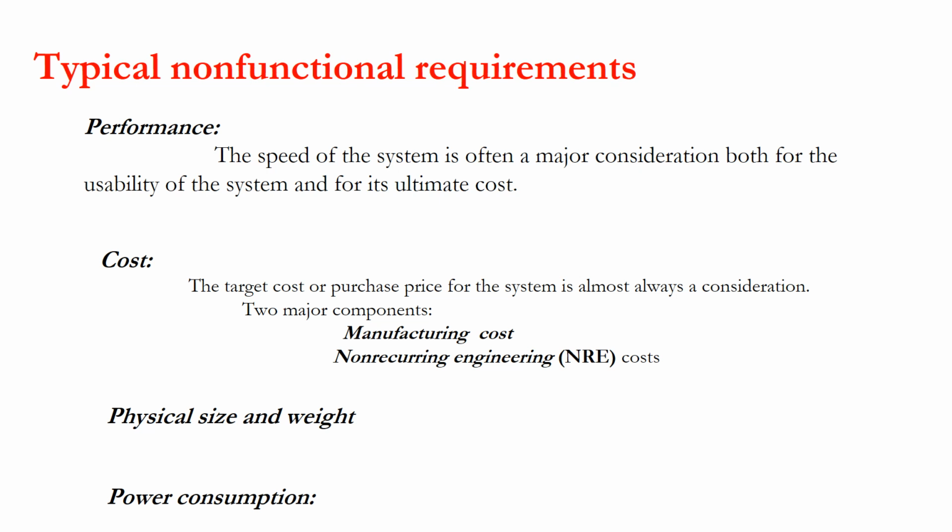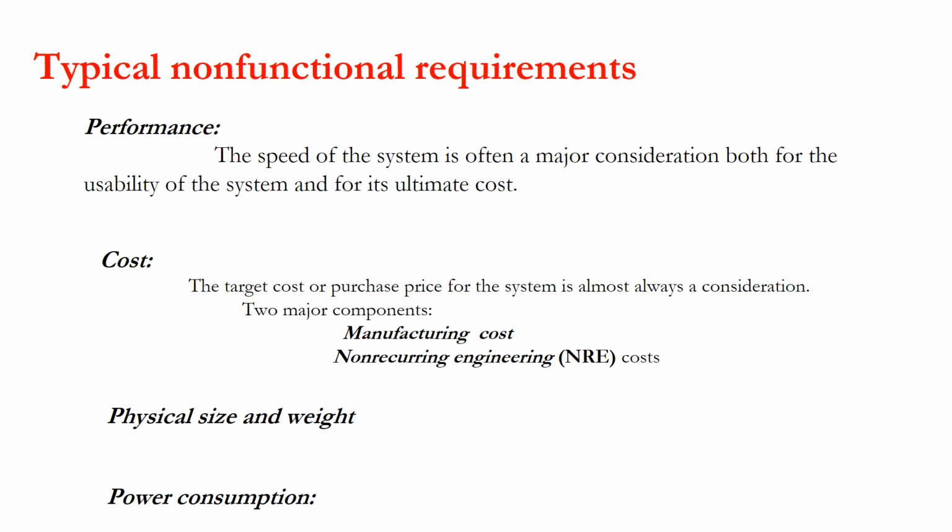Then the third one is the physical size and weight. The physical aspect of the final system can vary greatly depending on the application. An industrial control system for an assembly line may be designed to fit into a standard size rack with no strict limitation on weight. A handheld device typically has tight requirements on both size and weight that can ripple through the entire system design.